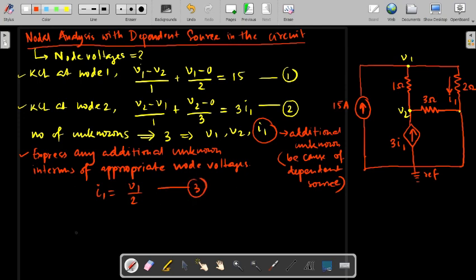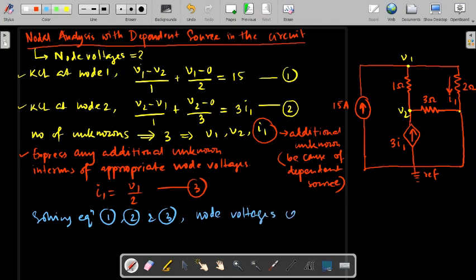So by solving equations 1, 2 and 3, the node voltages can be calculated.